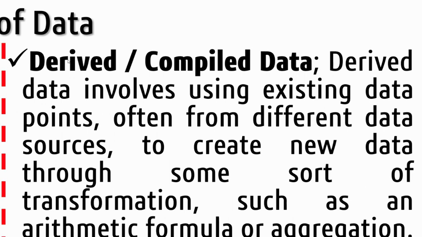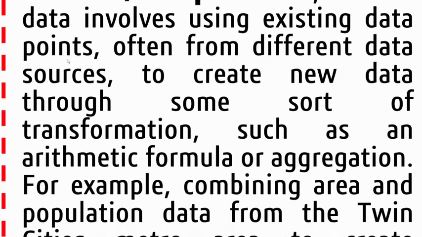Now we have derived data, also called compiled data. Derived data involves using existing data points, often from different data sources, to create a new one through some sort of transformation, such as an arithmetic formula or regression. This kind of derived data is the data you get when maybe you have gone to the field and generated your raw data, and you enter your lab and begin to apply some mathematical formula to it.